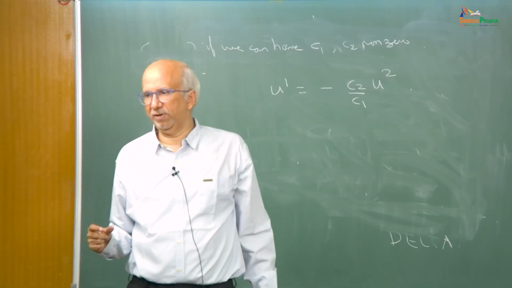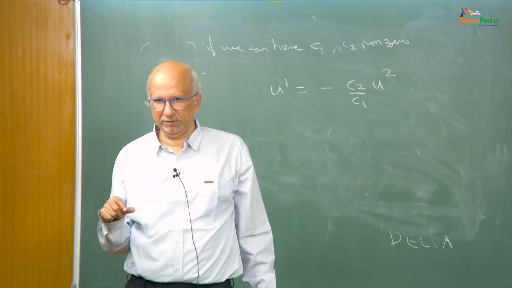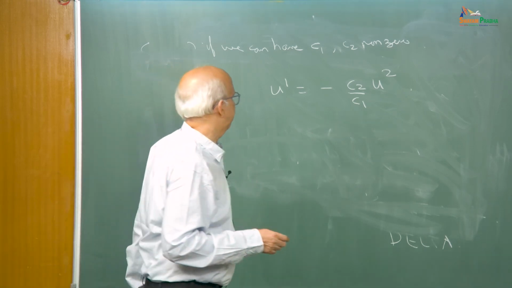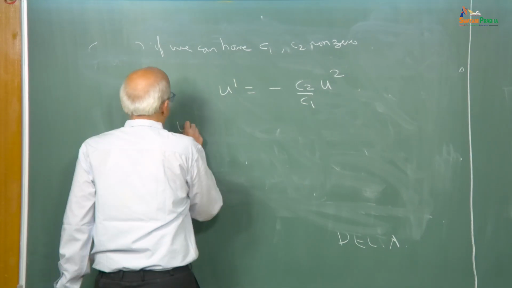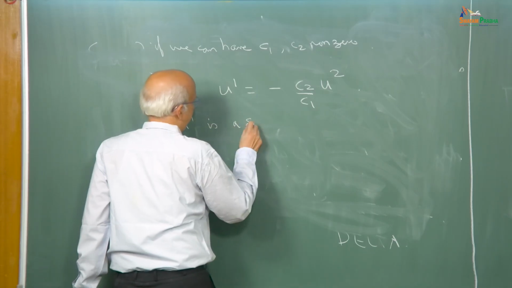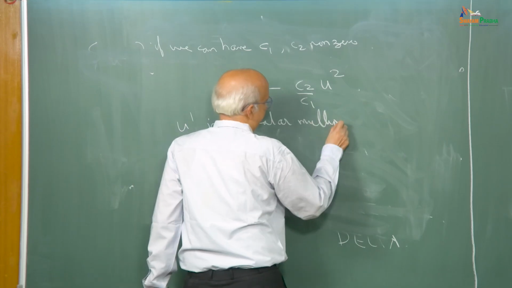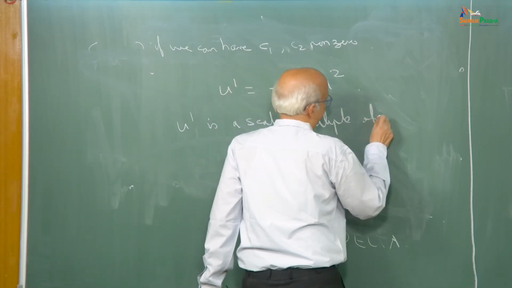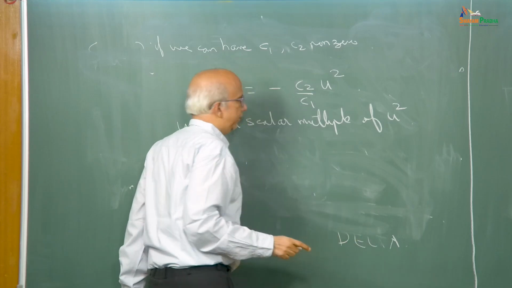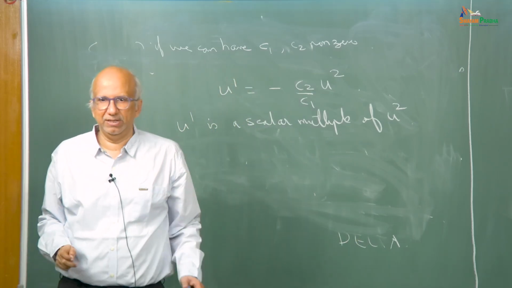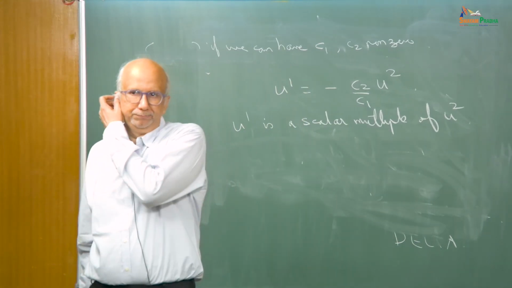Again, c2 and c1 are scalars, they are real numbers. So, c2 by c1 is also a real number. What this means is u1 is a scalar multiple of u2, or the other way, because c1 and c2 are non-zero.